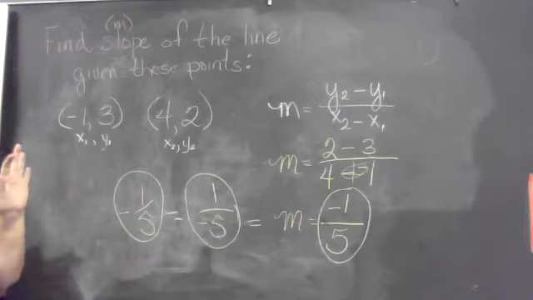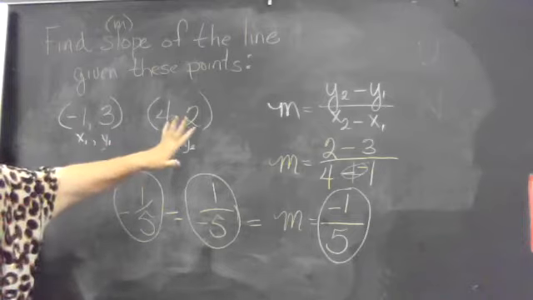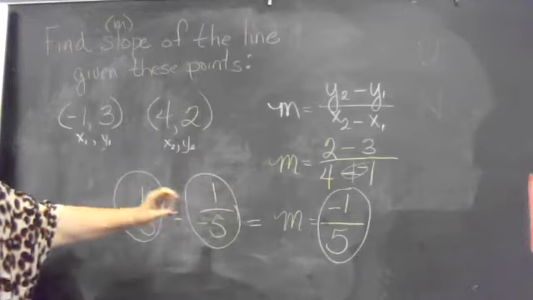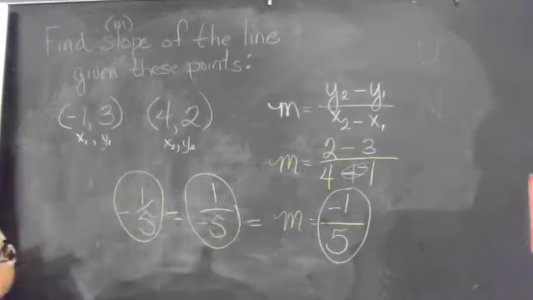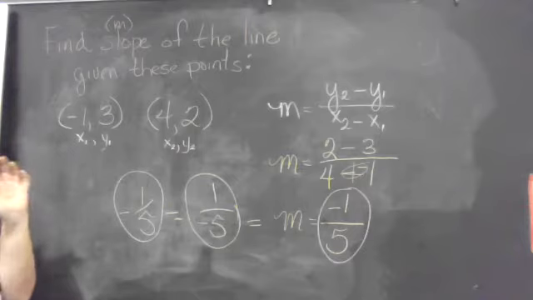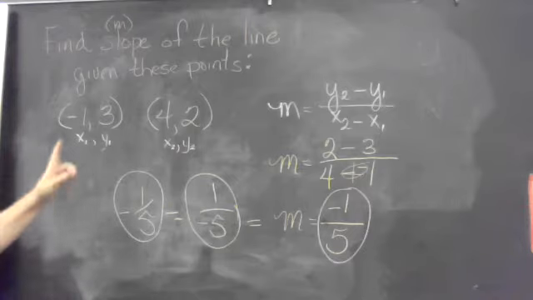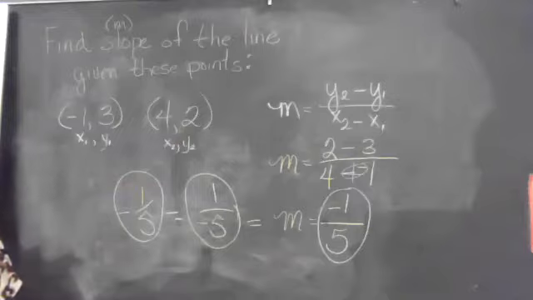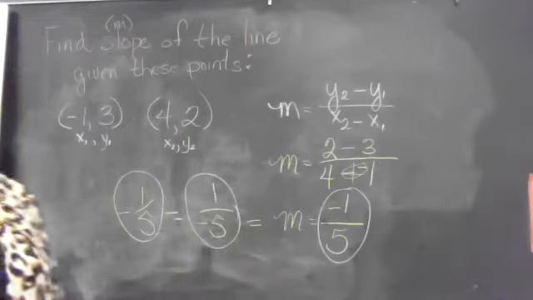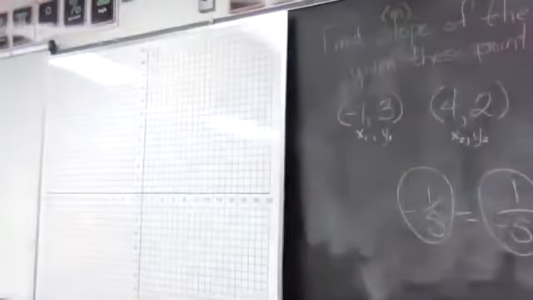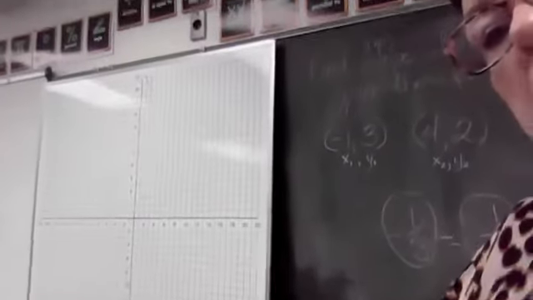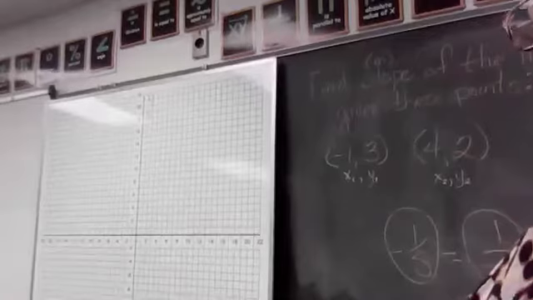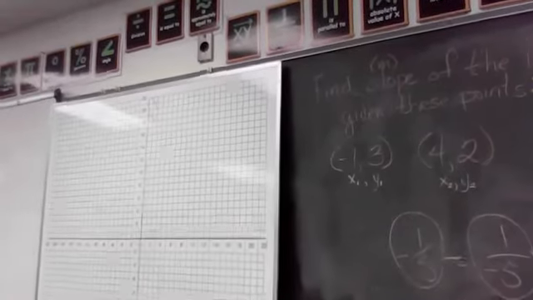okay, since this is pretty self-explanatory, I want to show you something. You could, if you wanted, plot these points and count the slope. Let's say you were just having a little bit of trouble with the formula. I can't imagine, but you might be having trouble with it.